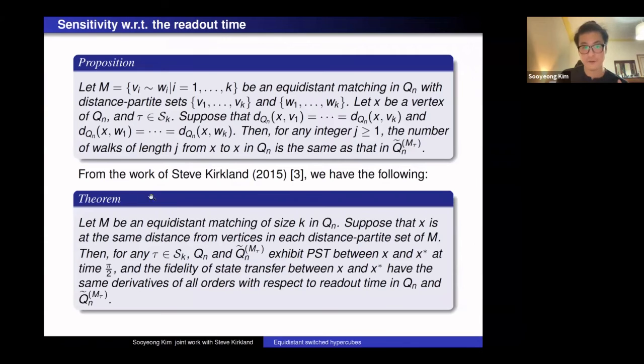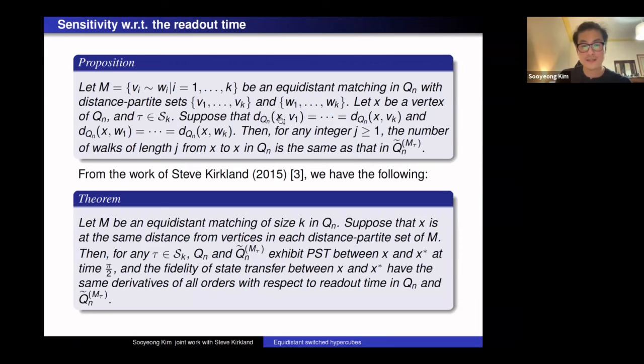And for the proof of this, we have to prove this proposition. The implication between these two statements is from this paper. In other words, the derivative of the fidelity with respect to readout time can be written as some combinatorial expression. So this proposition is about, given an equidistant matching in the hypercube, say M, we pick a vertex X and any permutation tau.